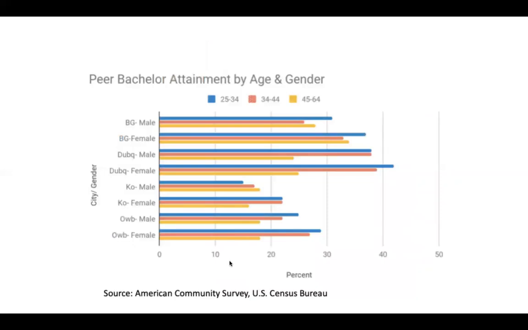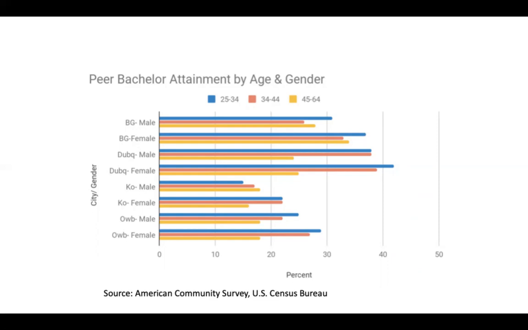And so if you look at a couple of different communities, Bowling Green, Dubuque, Kokomo, Indiana, Owensboro, all small cities that are in the kind of scope of what we're looking at through this course, you can see male 25 to 34, 34 to 44, 45 to 64, and female. And you can see by gender the age groups where you're seeing a larger bachelor attainment, mostly among females.